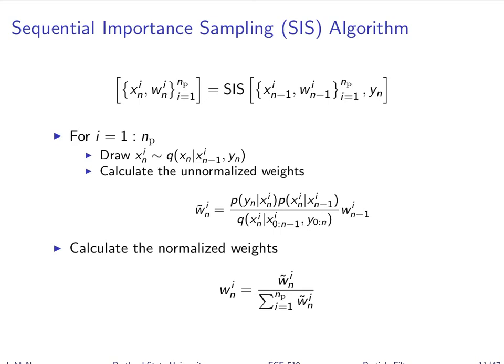So, in some respects, it would seem like, okay, awesome, we're ready to go. And here is the loathed sequential importance sampling algorithm in its simplest form. So this is kind of a notation that's used.